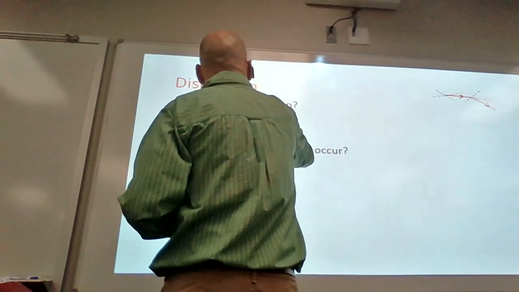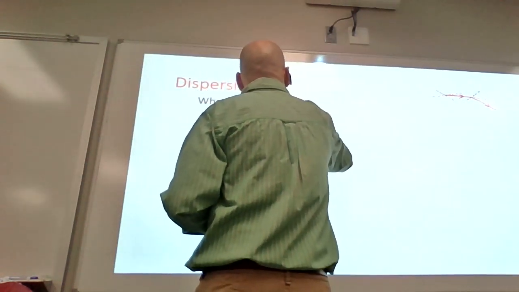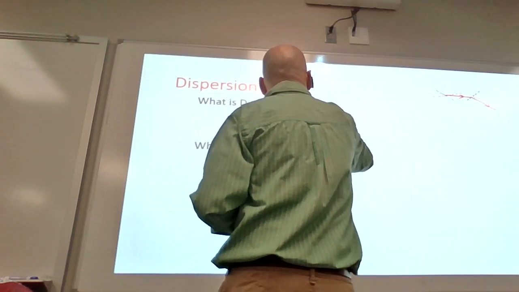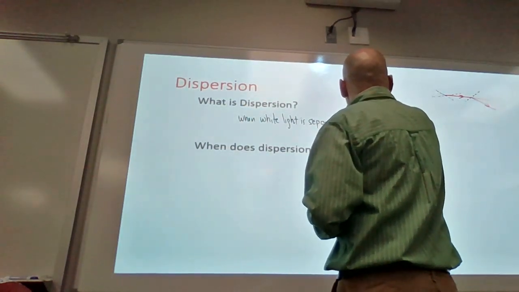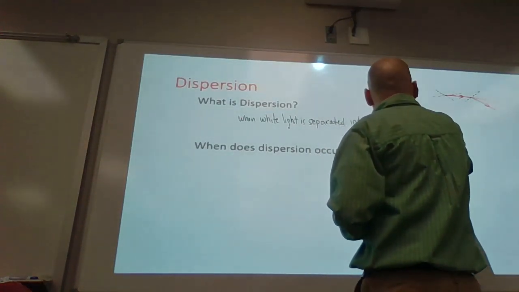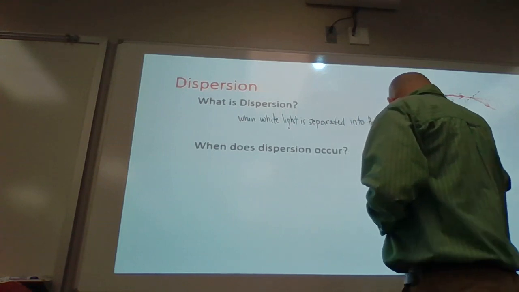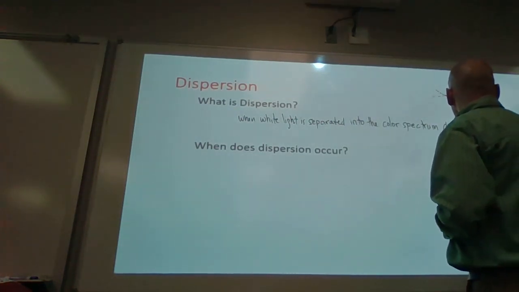So dispersion is when white light is separated into the color spectrum due to refraction.